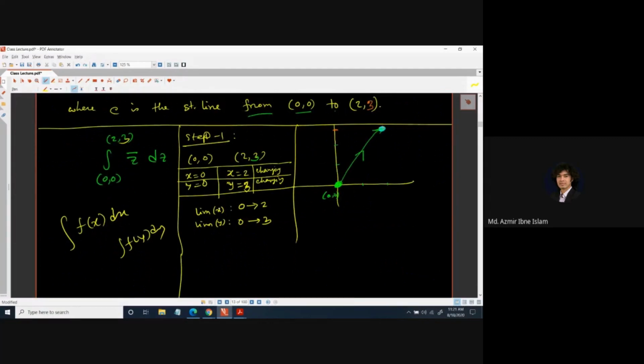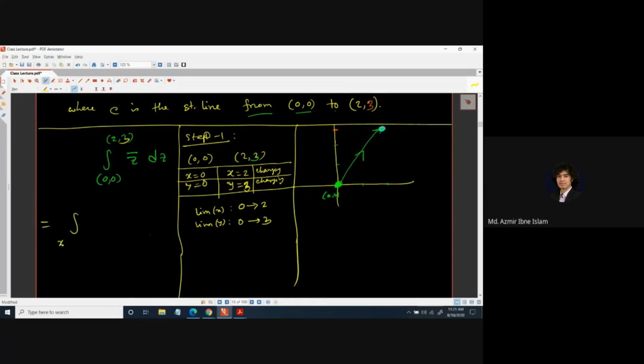We can take any of the two, that is, the limit of x can be taken, y can also be taken. So it's up to you. You will get the same result. Okay, for this case you will get the same result, so no problem. We are very familiar with x, so we can take x, or if you want you can take y. It's up to you.